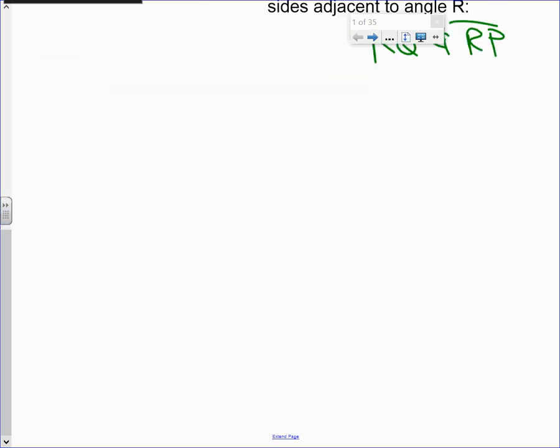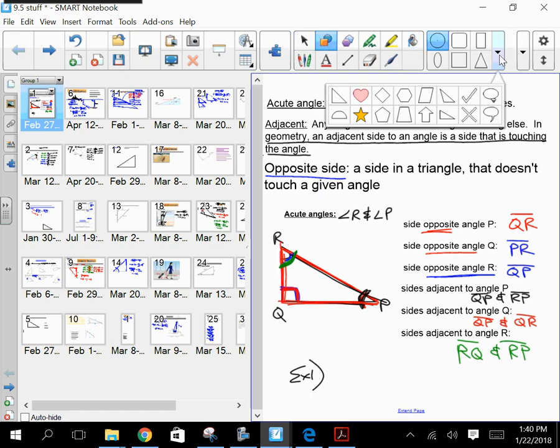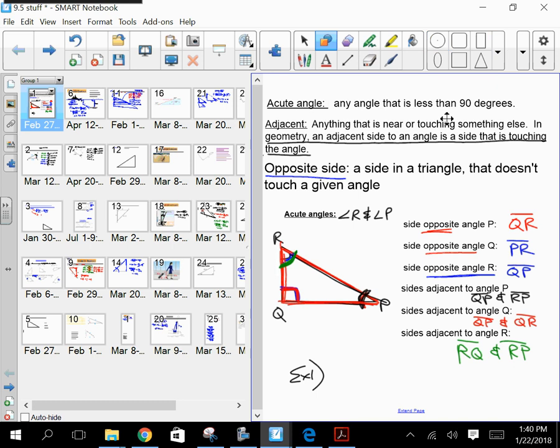Let's do one example now. There we go. Example 1. Stay with me. Let's draw one more right triangle. Do that with me. Mine's going to look better because you don't have a smart board. Sorry.